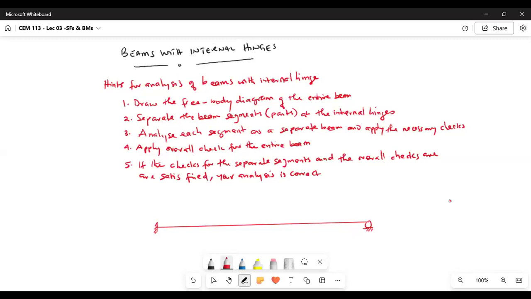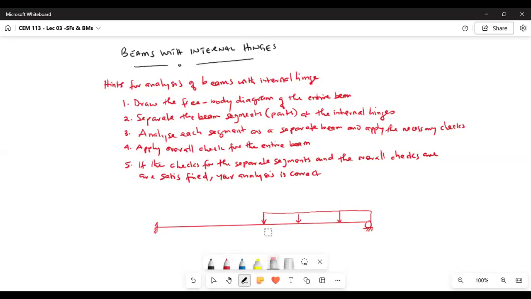Okay. And let's say that we have forces here. Let's say we have some UDL here. I'm just illustrating, okay? It's just an illustration.